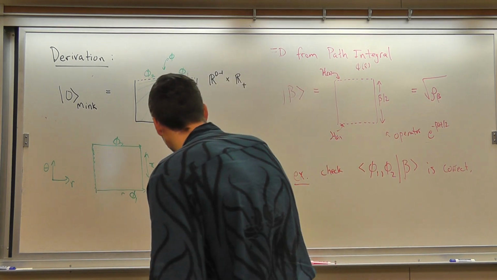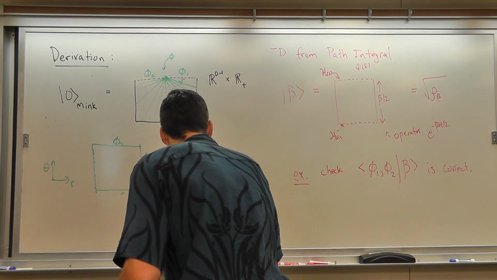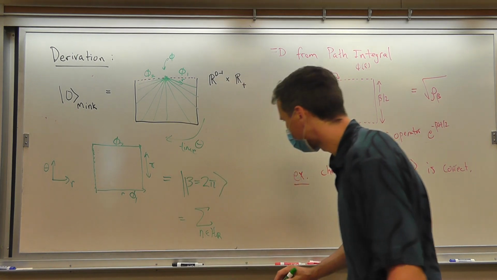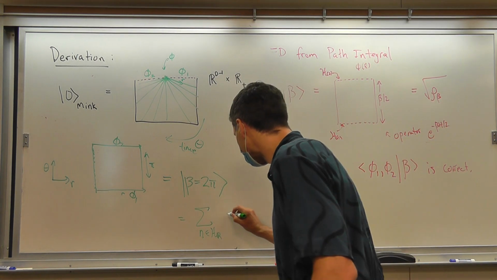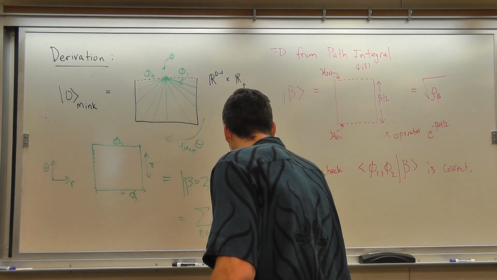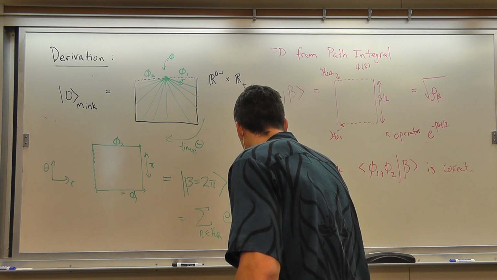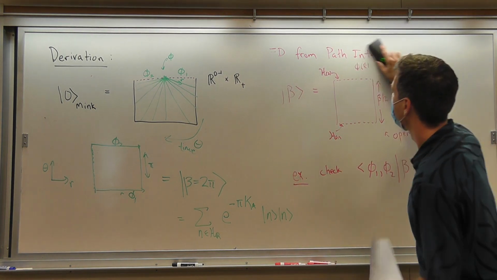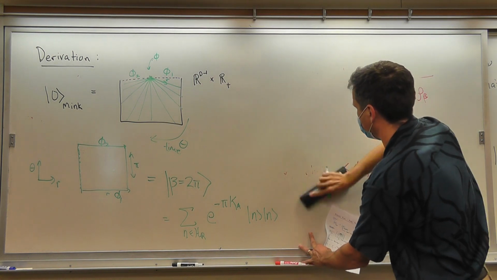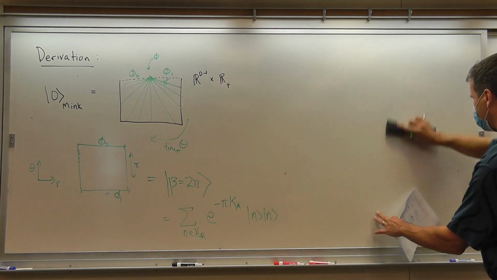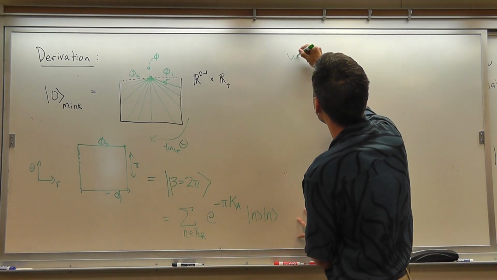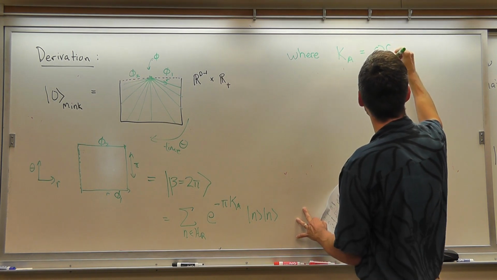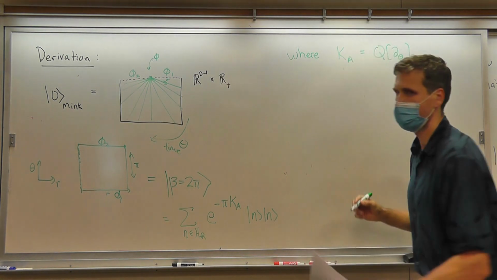That is the state sum over n, where n is an eigenstate in Rindler space, e to the minus pi K, |n>|n>, where K is the conserved charge associated to rotations.